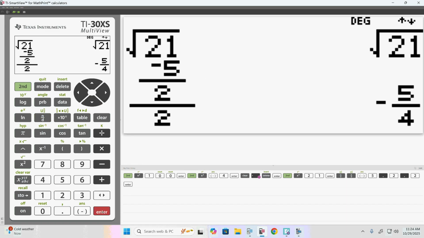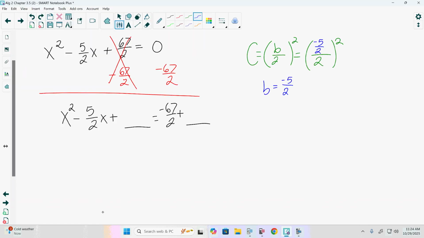Well, the calculator will tell us easily what that is. -5/2 divided by 2 is -5/4. So we have -5/4 squared.